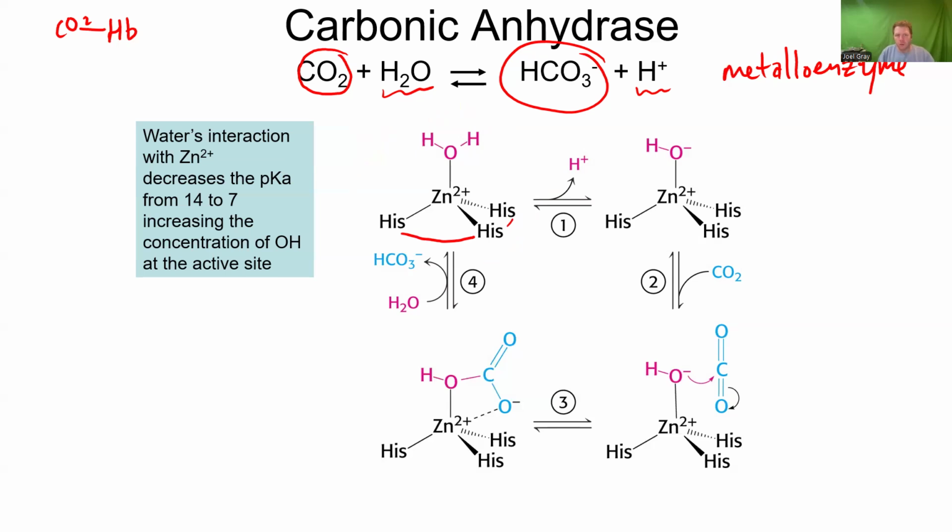Now, the key there, your important takeaway, is that the pKa going down causes this proton to nope out of there. So what we're left with is this zinc 2 plus ion with a hydroxide ion, OH minus. And that is when our CO2 rolls up and says, hey guys, what's going on?